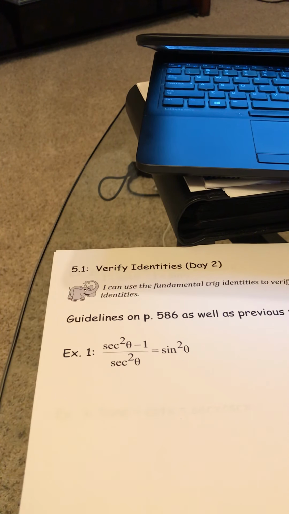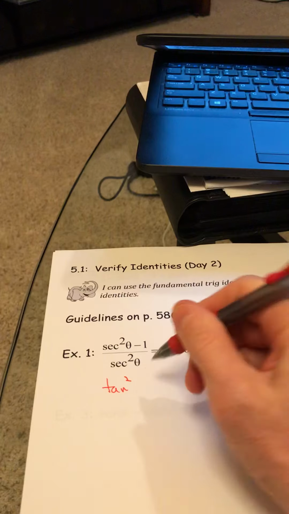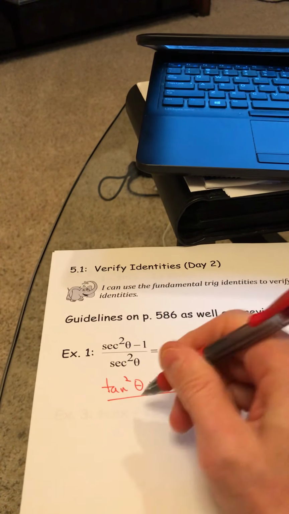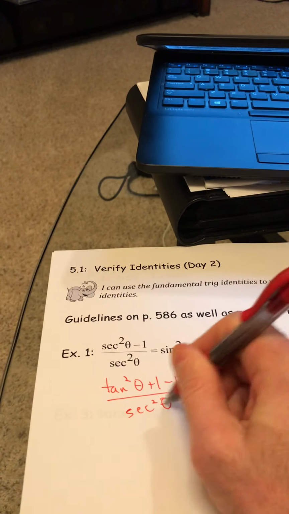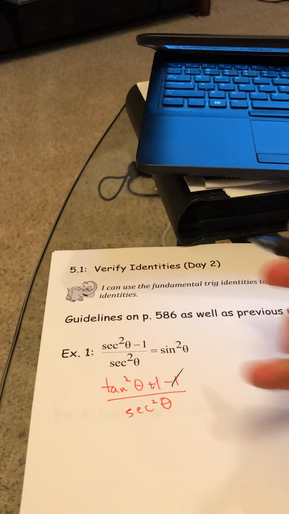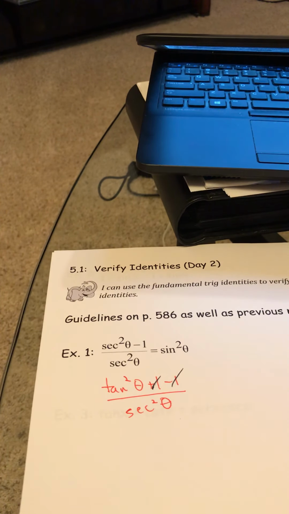So that's going to be my first substitution. And again, the nice thing there, that allows us to cancel out the 1's. And so now we have tangent squared over secant squared.